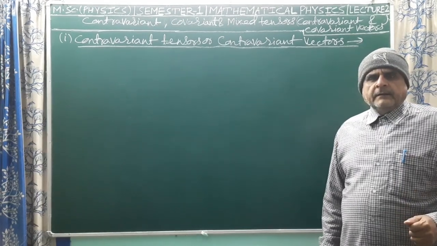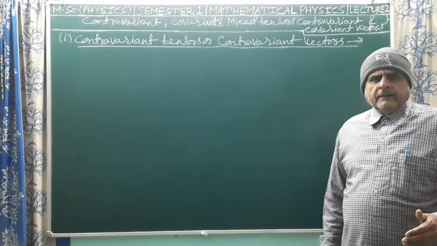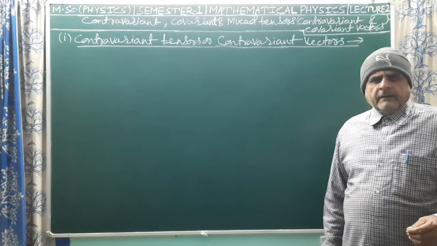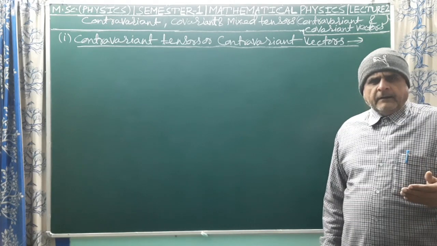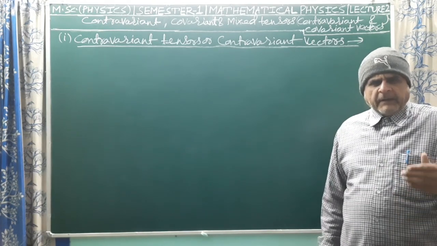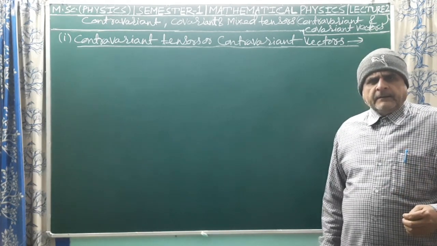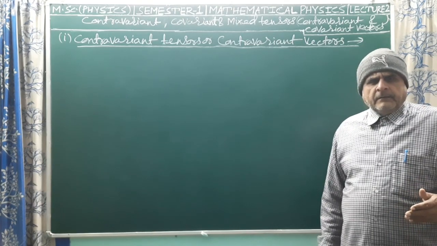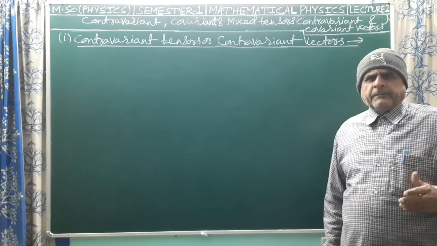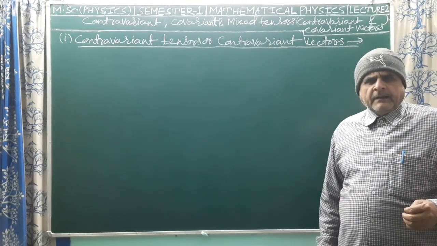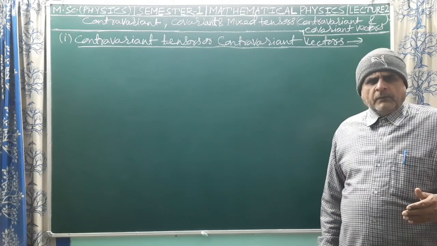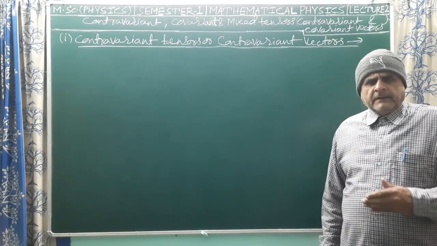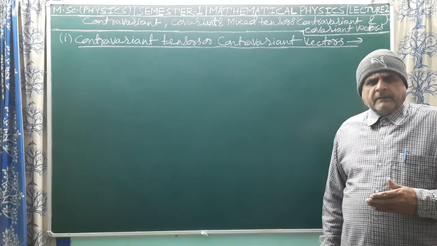A tensor is said to be contravariant if its upper index or upper indices, that is superscripts, are used to represent the rank of the tensor.